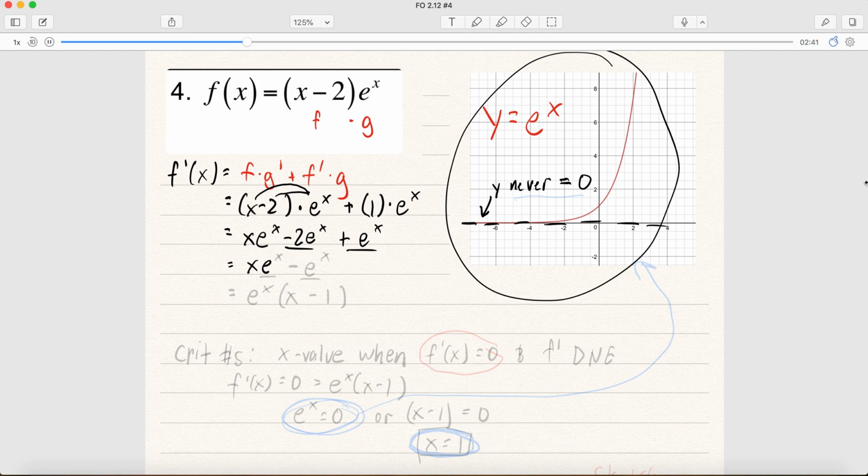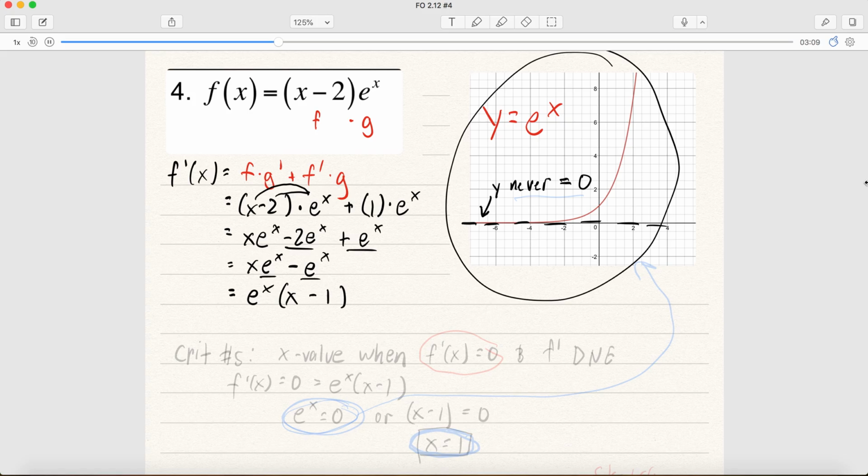So I have x e to the x minus e to the x, because negative 2 and 1 gives me negative 1. Alright, so there's that, and then I'm just going to clean up a little bit more and turn it into the factored form. I know that they both have e to the x in common, so if I factor it out, I'm going to have left an x minus 1.